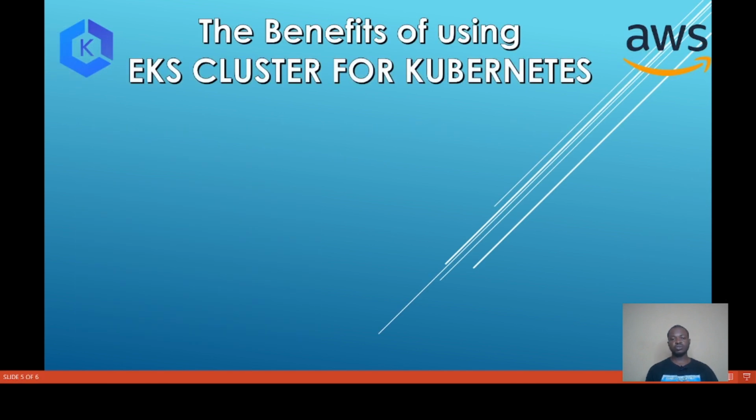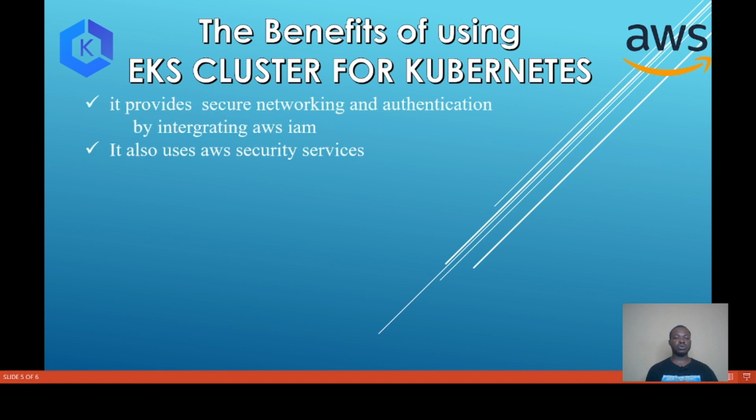So the benefits of an EKS cluster for Kubernetes is that it provides more secure networking, and you tend to use authentication by integrating the AWS IAM, and it also allows you to use AWS security services.